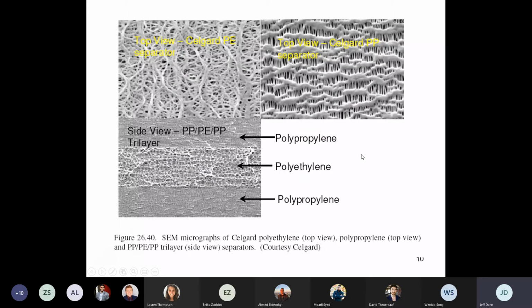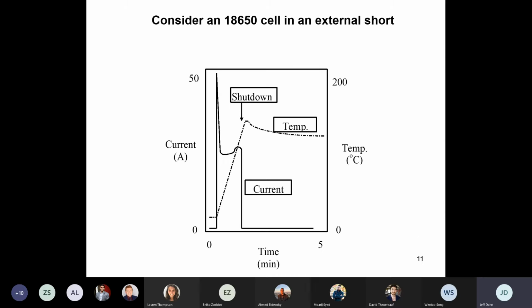I won't talk about it now until we get to that slide. But shrinkage is a big issue. You don't want separators to shrink when they melt, because then the electrodes can come into contact. Here we are. We're at the reason.